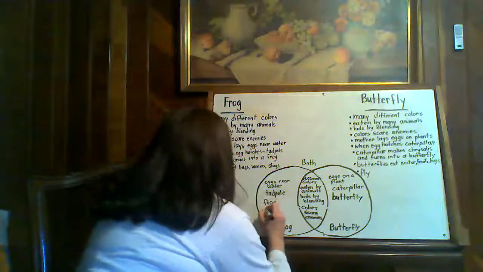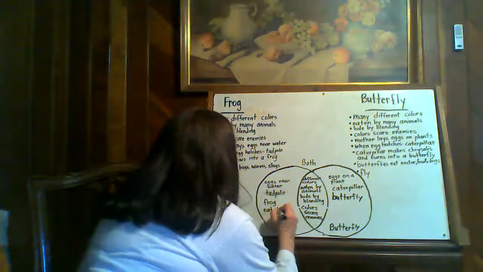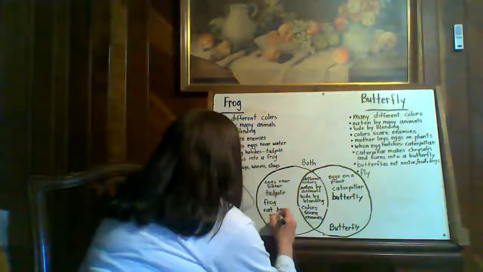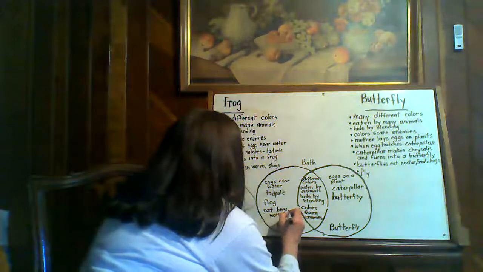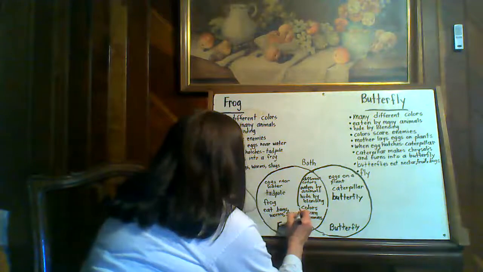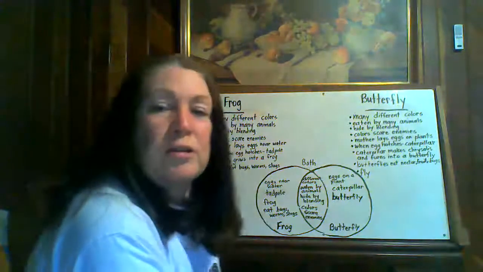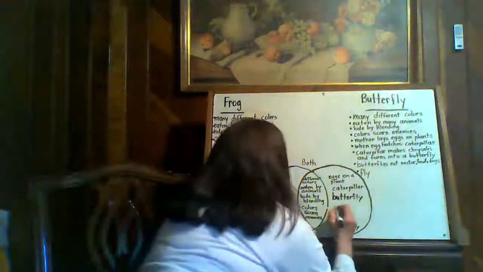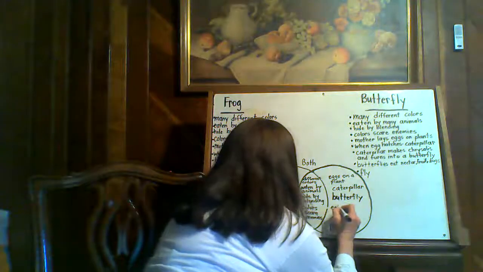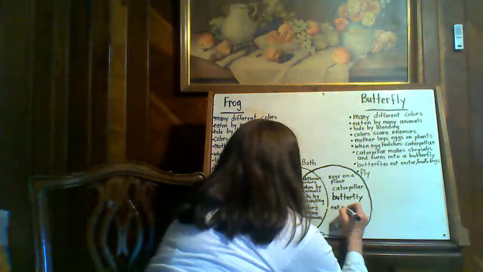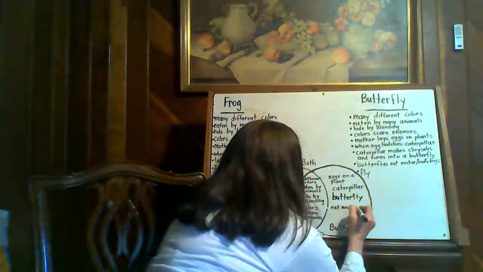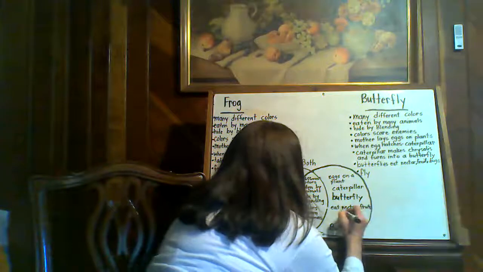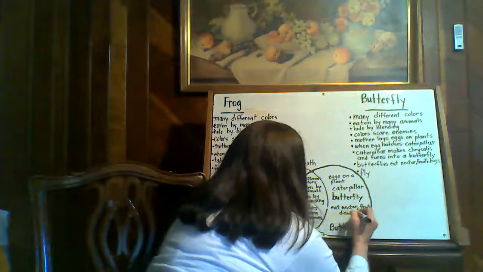They eat bugs and worms and slugs. And we know they eat spiders and snails and all those other things too. And butterflies eat nectar, fruit, and dead bugs.